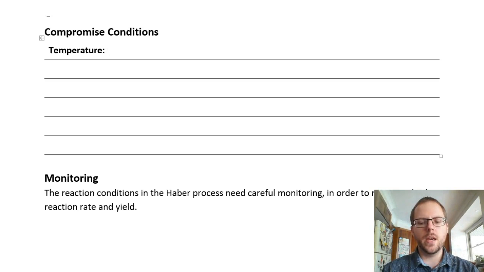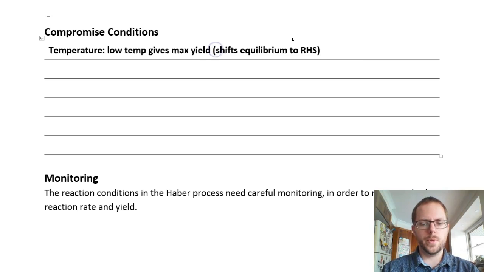What we know is that low temperature gives maximum yield, as it shifts the equilibrium to the right hand side. We know that because this forward reaction is exothermic, which shifts the equilibrium to the right hand side.